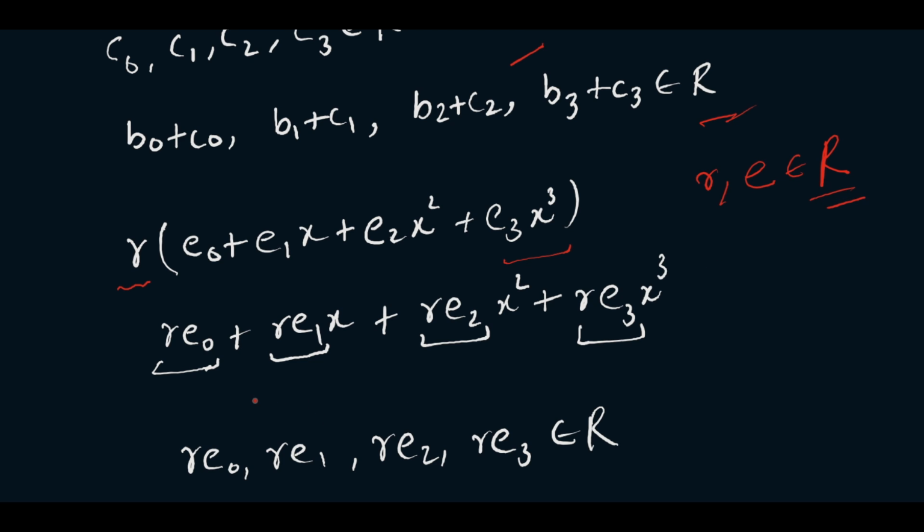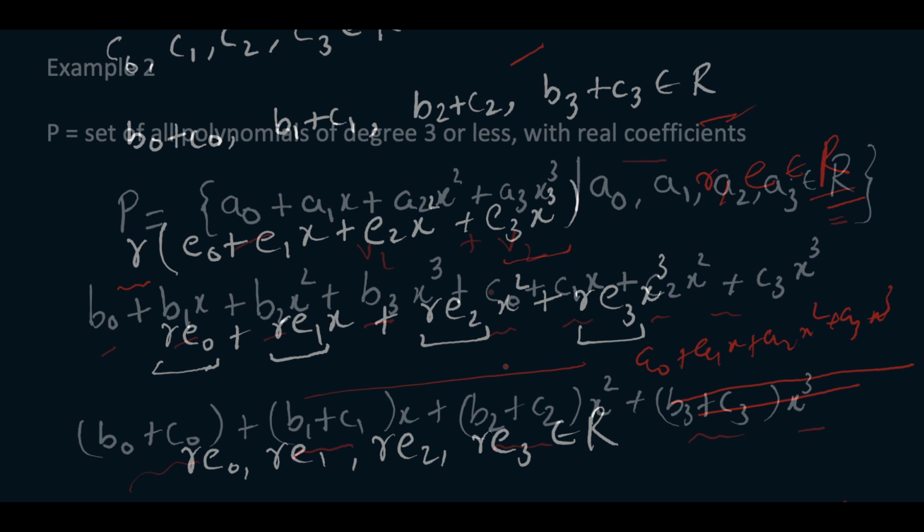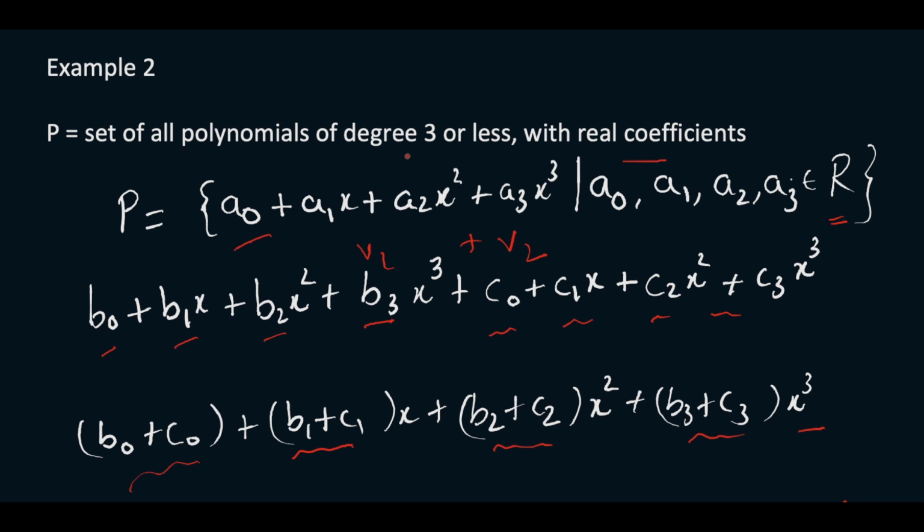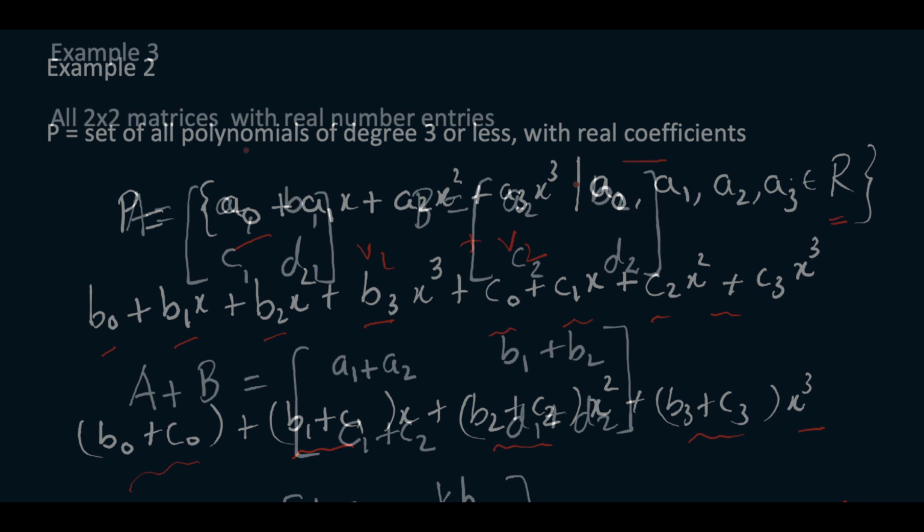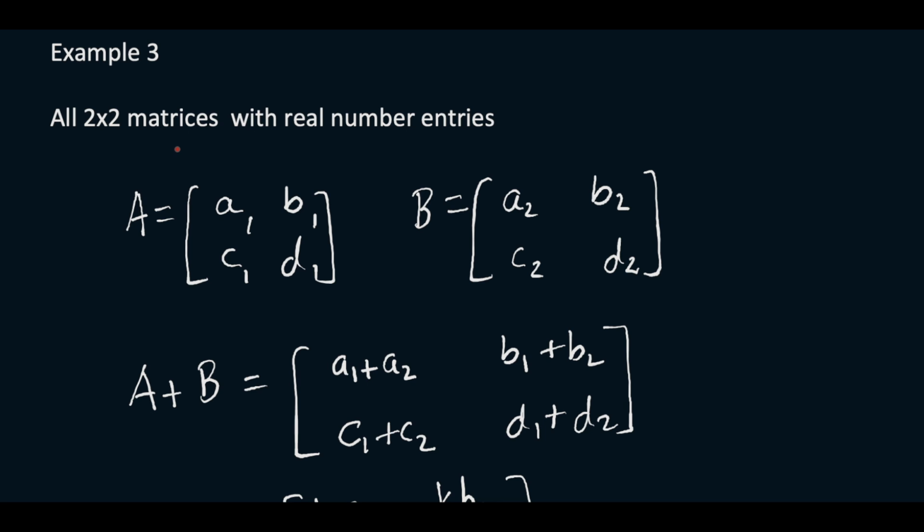Hence our expression is of the form a0 plus a1x plus a2x square plus a3x cube. So it produces the same form when you do the linear combinations. Hence the set of all polynomials of degree 3 or less with real coefficients is an example of a vector space.